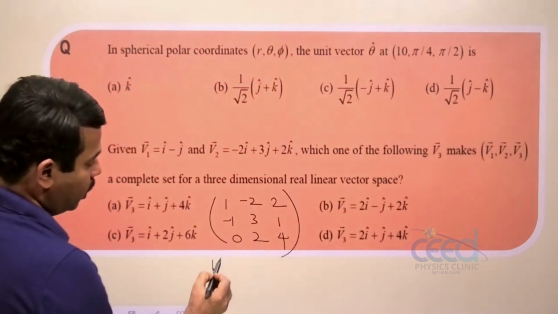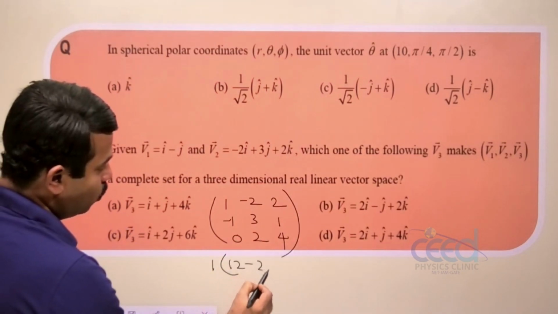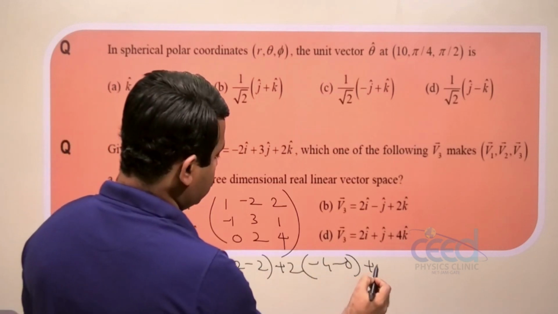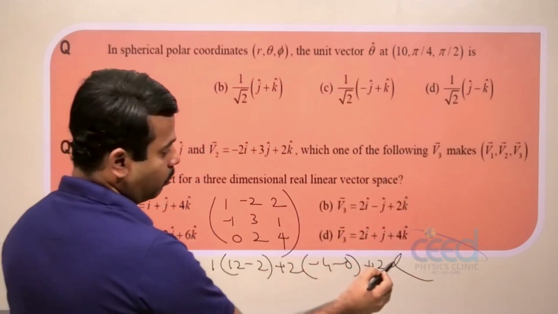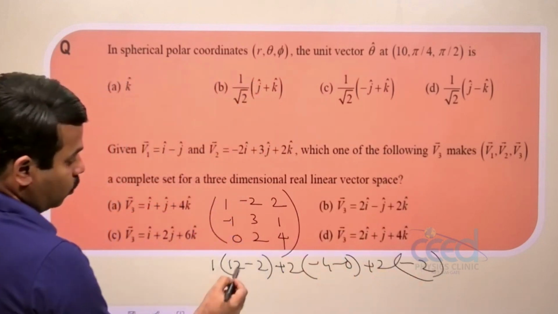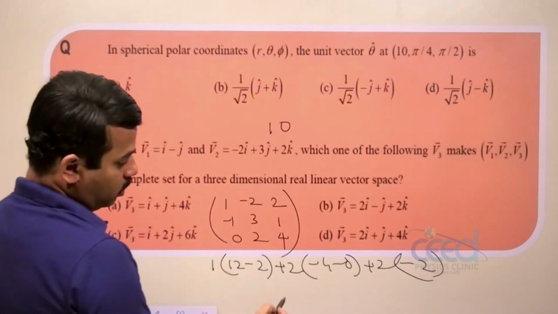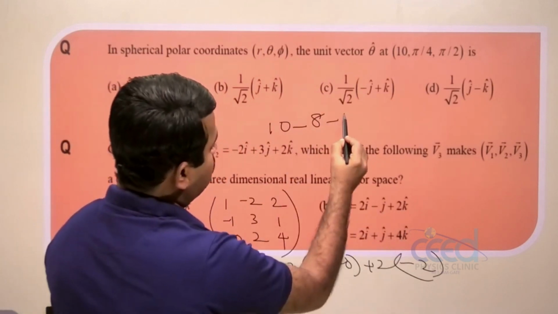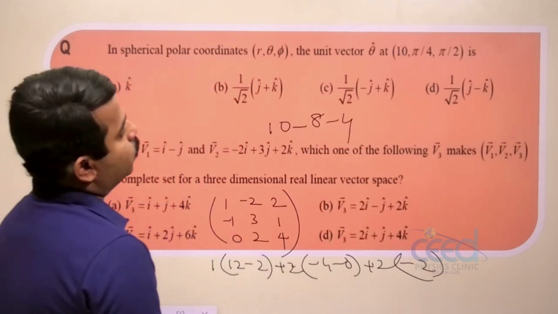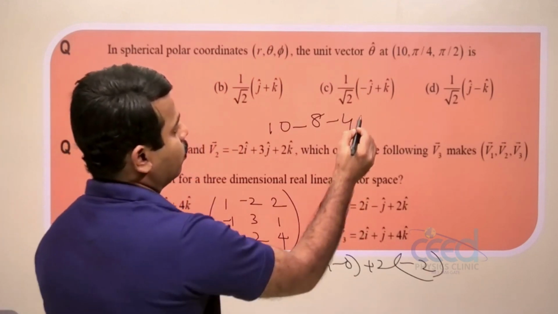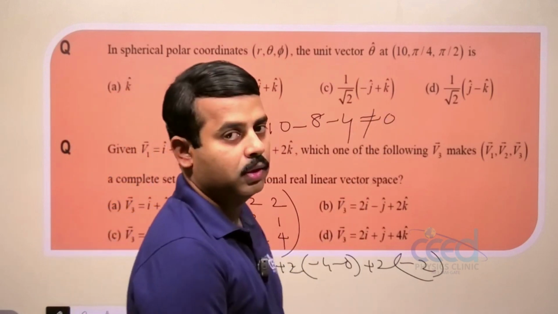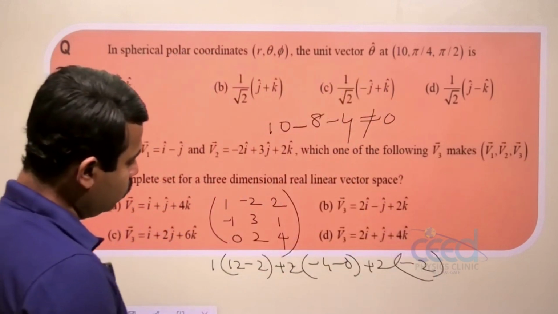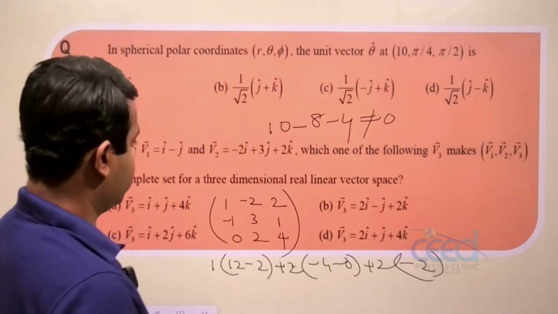What is the determinant? 1 times 3 into 4, 12, minus 2, plus 2 into minus 4 minus 0, plus 2 into minus 2. Now the answer: 12 minus 2 is 10, this is minus 8, this is minus 4. So this is not equal to 0. So this forms a linear vector space because the determinant is not equal to 0.